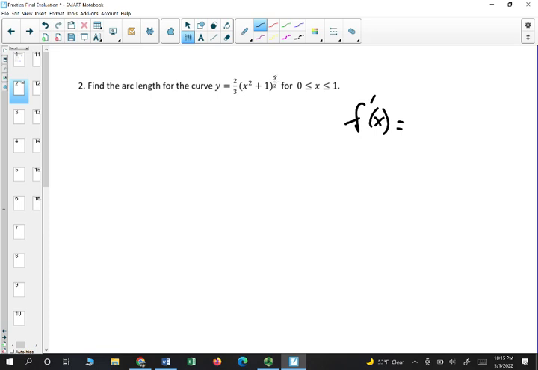So to get the derivative, we would take 3/2 times 2/3 of x squared plus 1. Reduce the power by 1, so now we have 1/2 times 2x. These would cancel. So we have square root of x squared plus 1 times 2x. Okay, we're going to be integrating between 0 and 1.